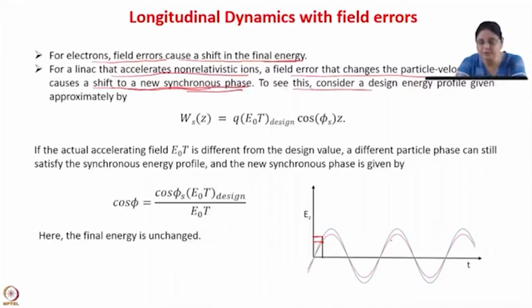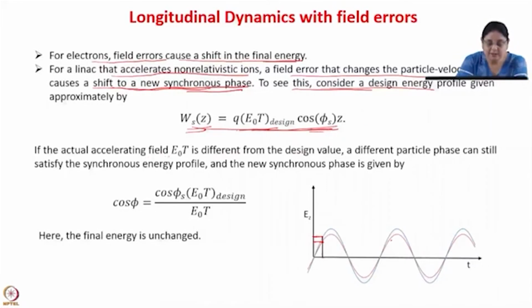Now to see this, consider a design energy profile given approximately by this expression. So let's say the energy gain is given by this expression, where Q E0T is the design value and cos phi s is the synchronous phase.